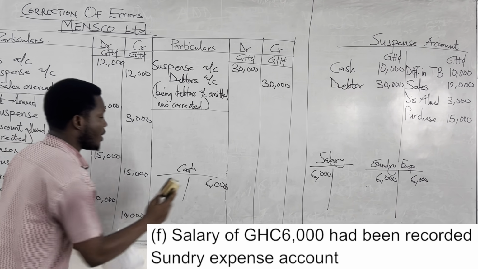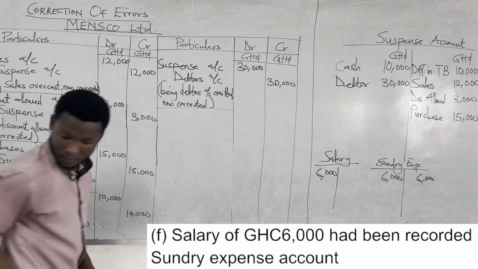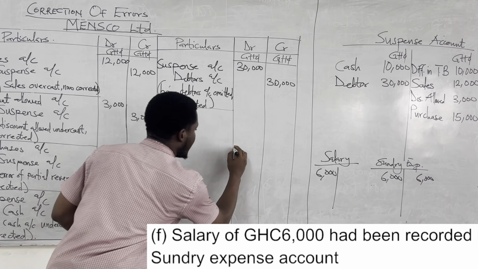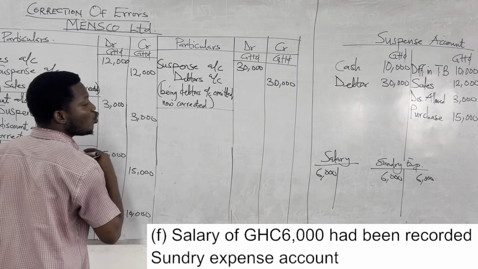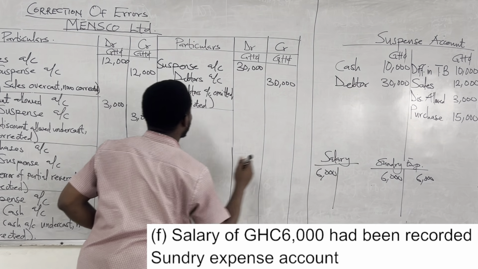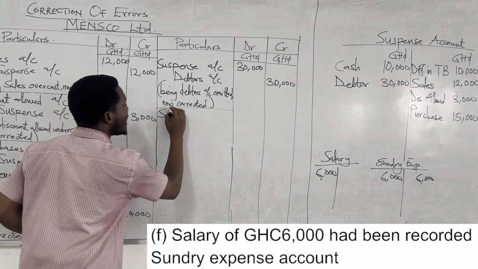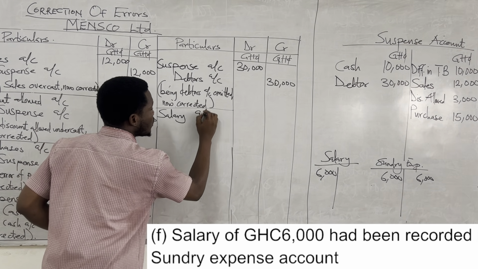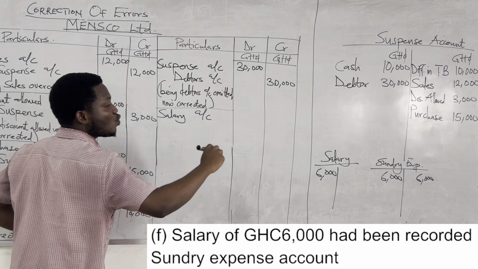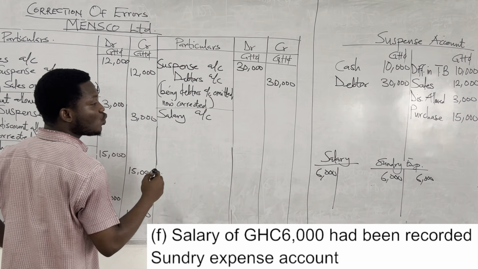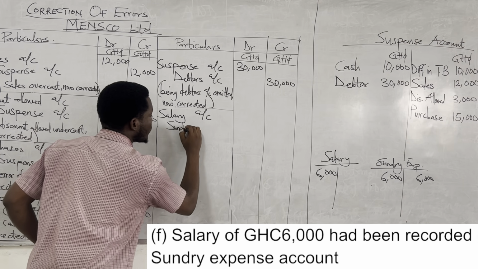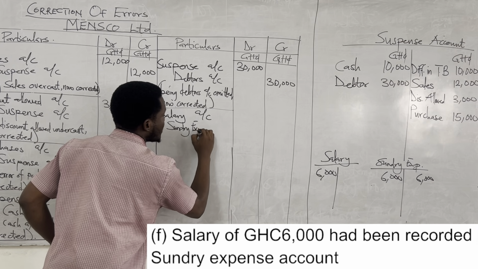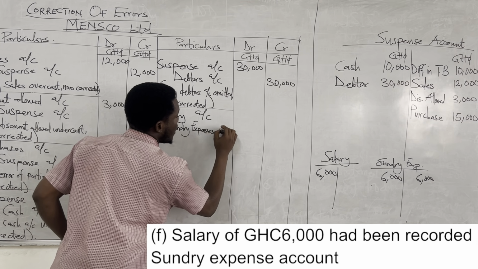So when you come to the journal, we have salary account receive. So we have salary account. Sundry expenses account will be given to salary.